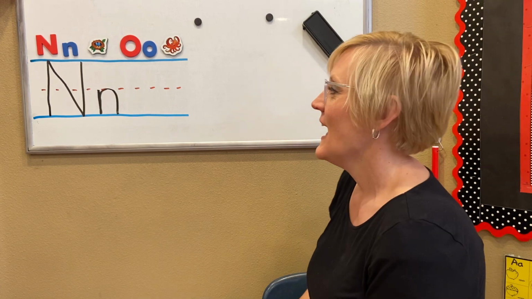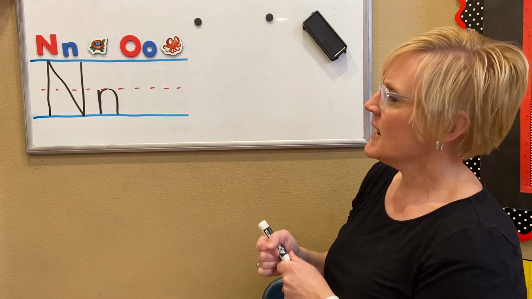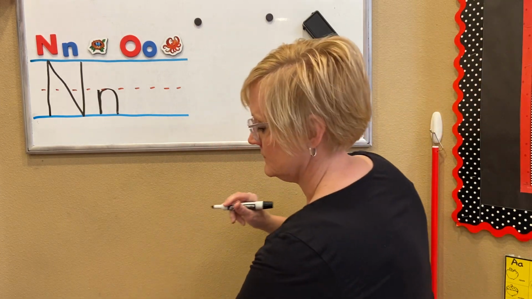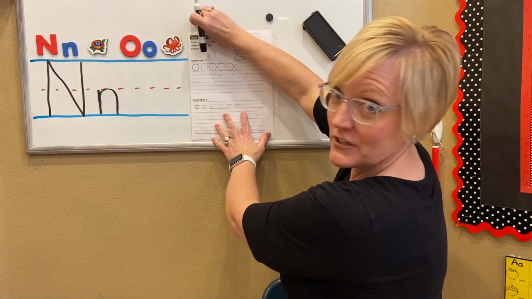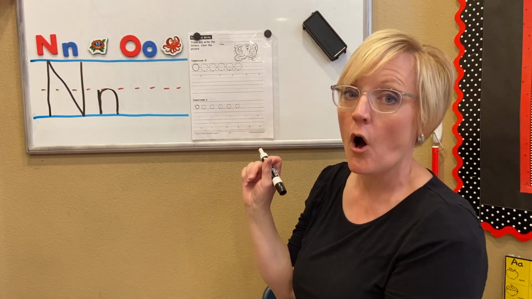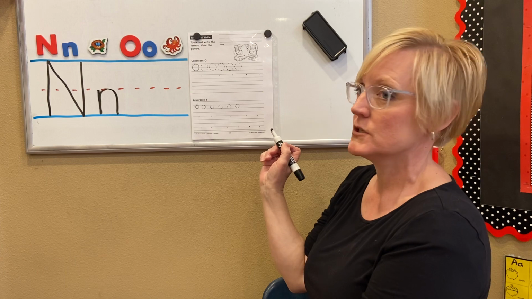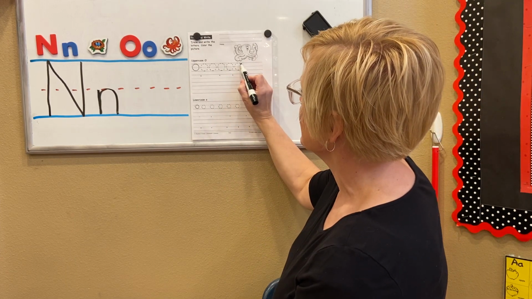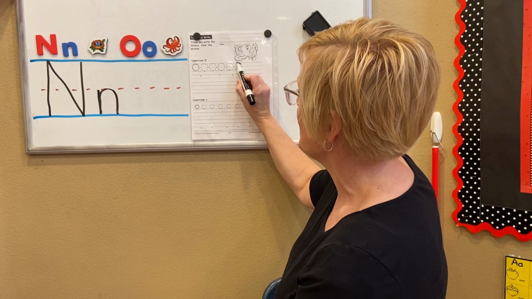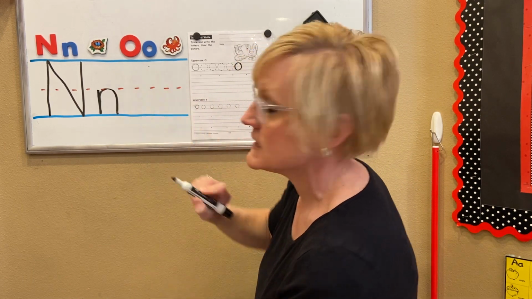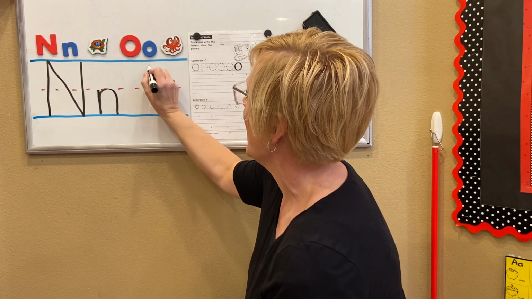Very good. Now, O is much easier to make than letter N. It's a circle. But when you write an O, you always want to remember to go up and over. I start just a little below the headline and go up and over.